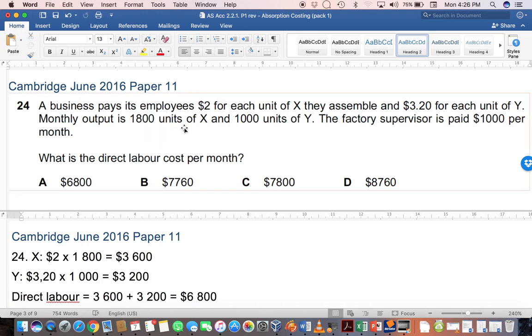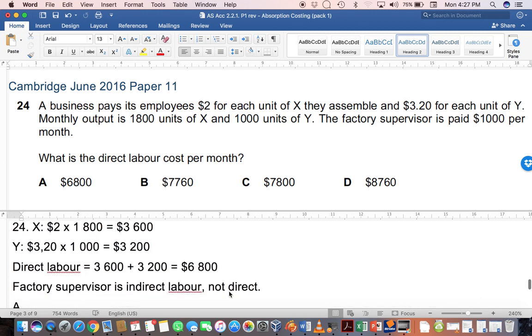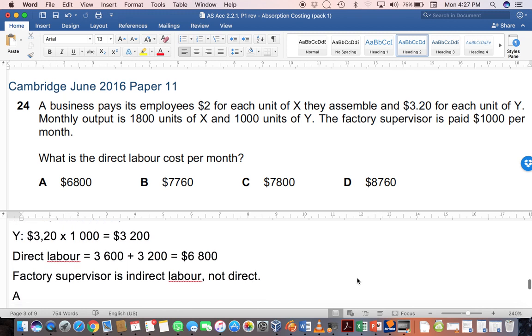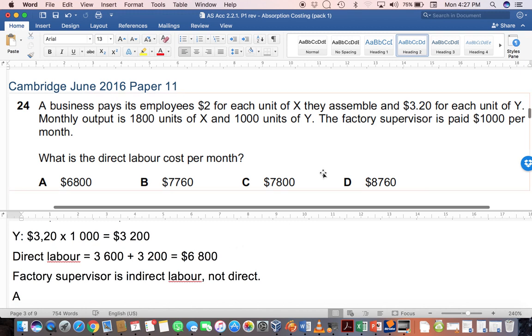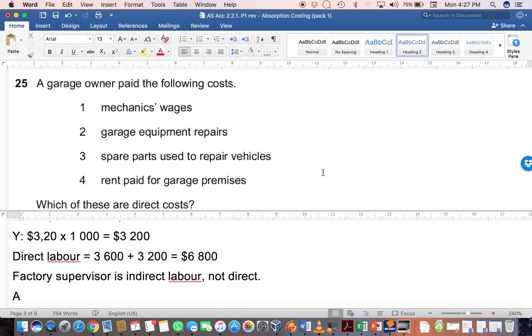So for X, we will say $2 times that 1,800 units produced to get $3,600 for X. And for Y, we will use $3.20 times the 1,000 units of Y to get $3,200 as the direct labor cost for Y. We can then add these together to get a total direct labor cost of $6,800. Notice that this $1,000 over here is not used anywhere in this calculation because it is an indirect overhead. We'll then find number A is the answer that we are looking for.